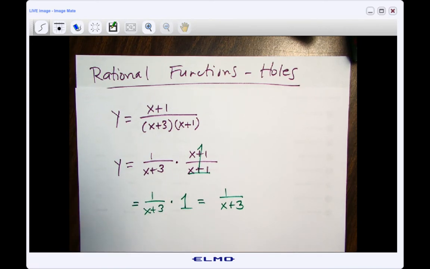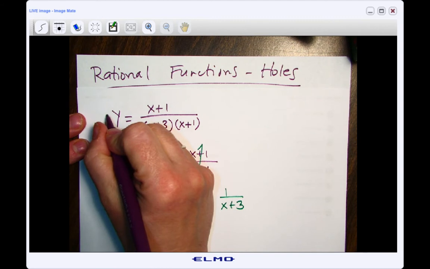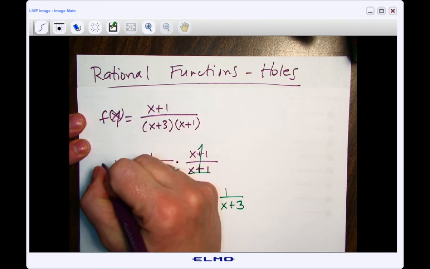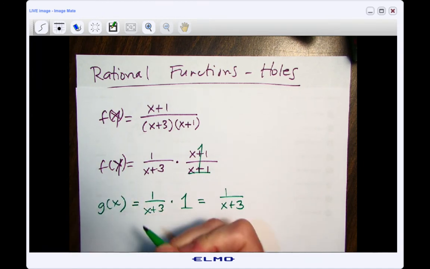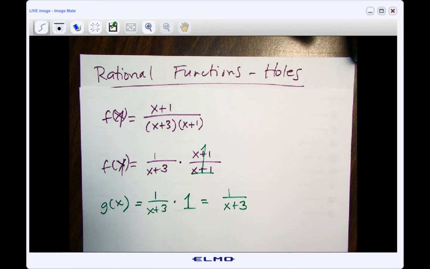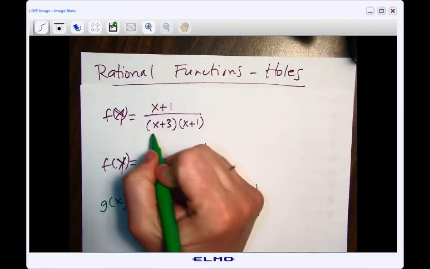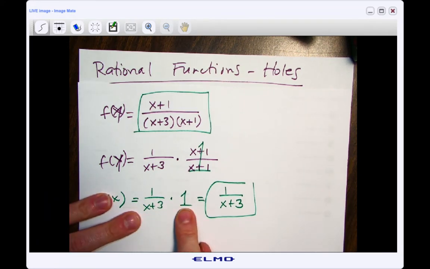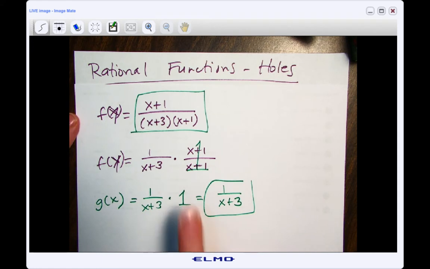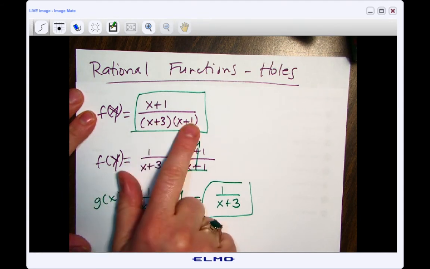And I'm actually going to call this one for a moment just to make it a little easier. We'll call this f of x, and I'll call this one g of x, because although they're very similar, they're actually not quite the same thing. So this function and this function, we know have to have some similarities at least, right? Because we just said when you multiply by 1, it doesn't change anything. But if you remember when we've been talking about our excluded values, we always say that we have to go back to the original thing that we were talking about.